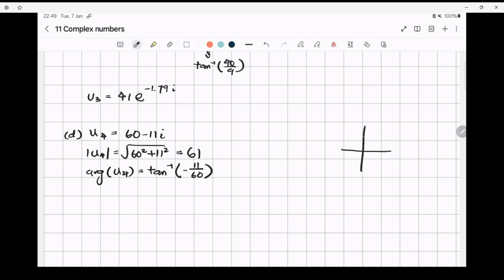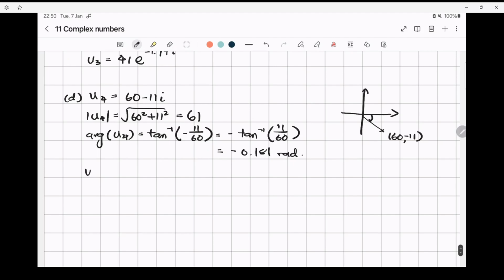So we know that this would be 60, 11. Here, that will be your angle. So in this case, it will be just the minus of your inverse tangent 11 over 60, which is minus 0.181 radian.